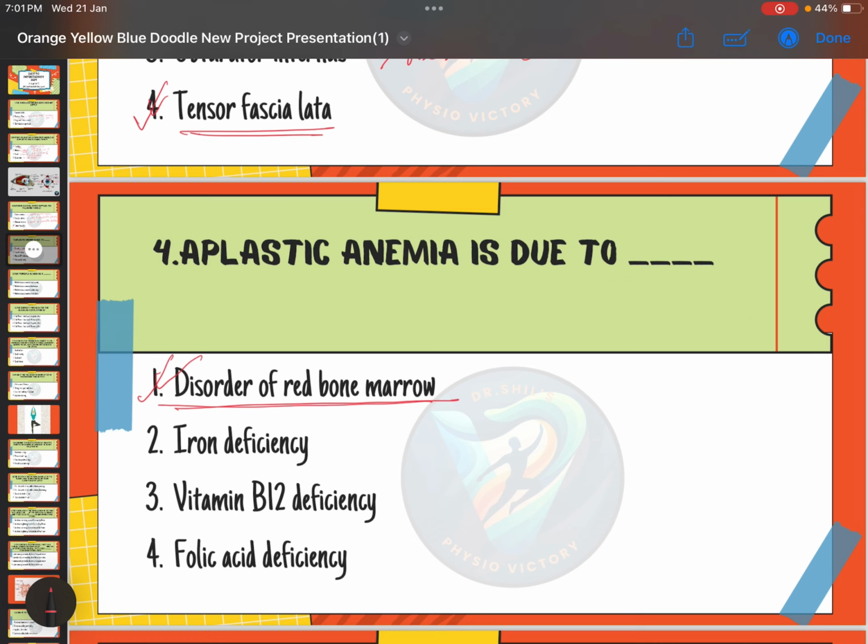Aplastic anemia is a bone marrow failure disorder which is characterized by reduced RBC, reduced WBC, and also reduced platelets.